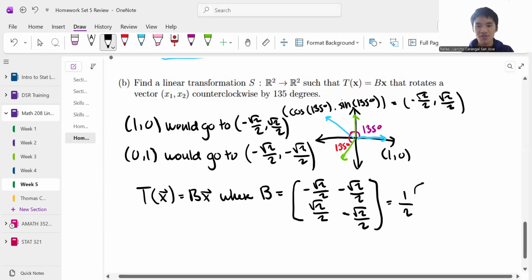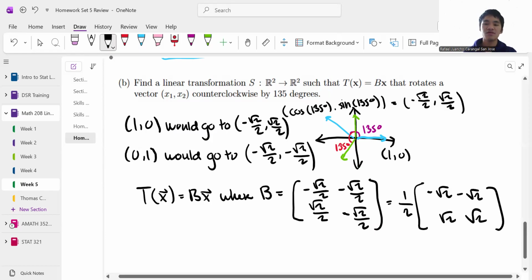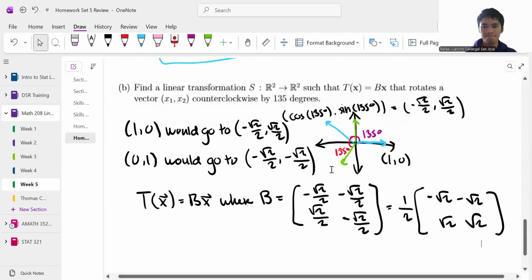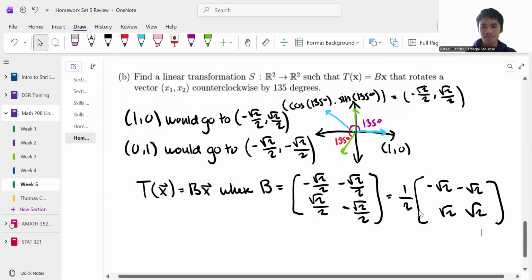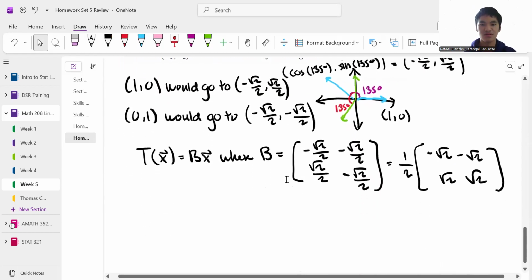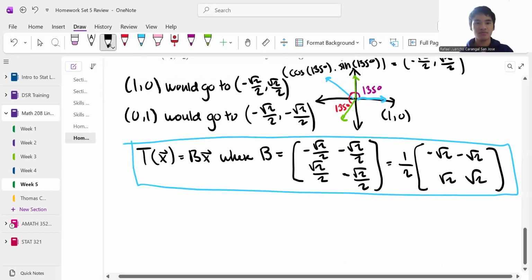And so maybe just to make it nice, we can factor out this 1/2, so it looks like a scalar multiplication of a scalar to a matrix now. Okay? So this is what we would multiply by x to get its rotation by 135 degrees, given any vector, so this for all x. Okay? So this should be the answer.